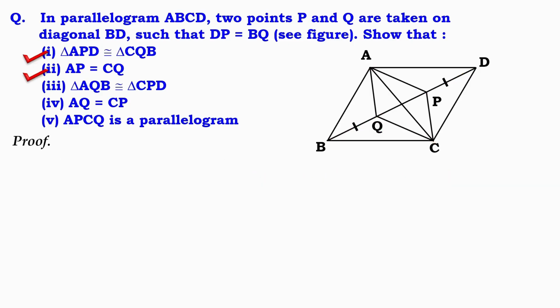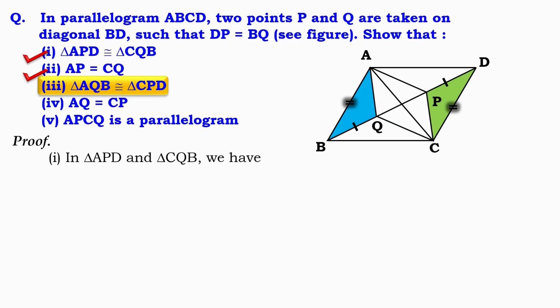Now coming to the third part. Here what we need to prove, triangle AQB is congruent to triangle CPD. So let's take a look at the triangles. Let's highlight it. Okay. So these two triangles are congruent, that we need to prove. So AB is equal to CD, because the opposite sides of a parallelogram are equal.